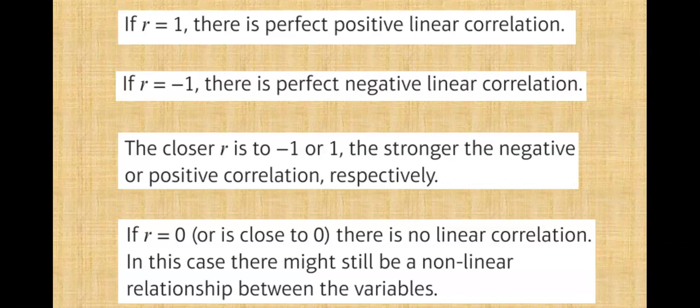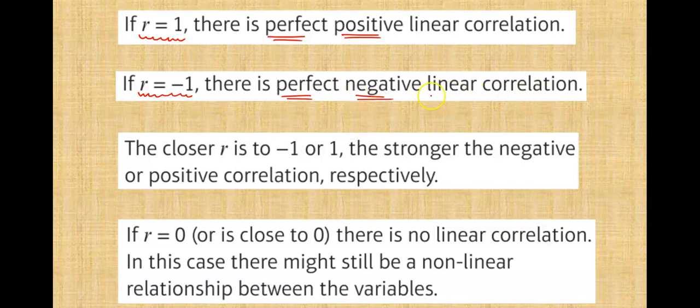We will use a calculator, and in today's lesson I'm going to tell you how to use it. If R comes out as 1, its maximum value, then it is a perfect positive linear correlation. And if R is equal to -1, then there is a perfect negative linear correlation.